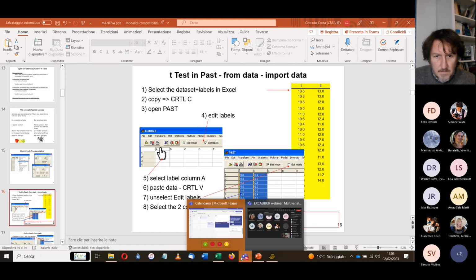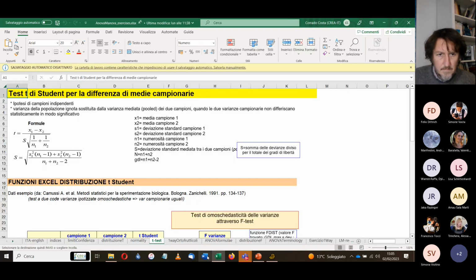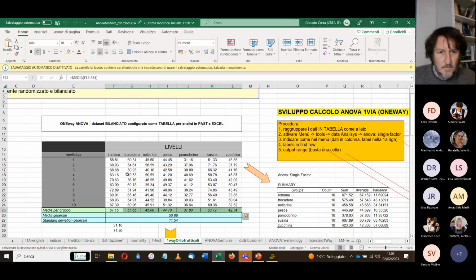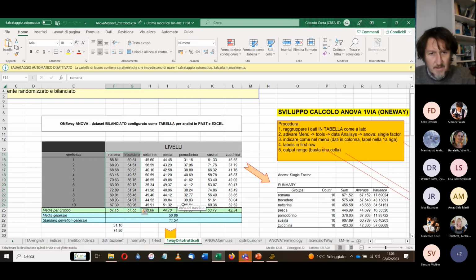Exercises. Otherwise, we can get these two columns here. So One Way Ortofrutticoli, Romana and Trocadero. We can copy this.